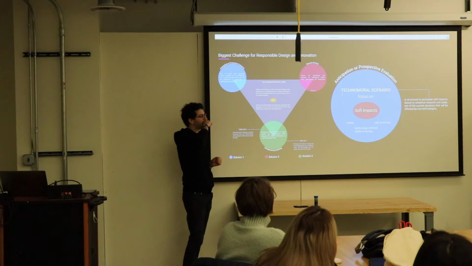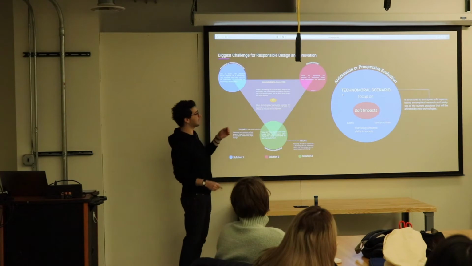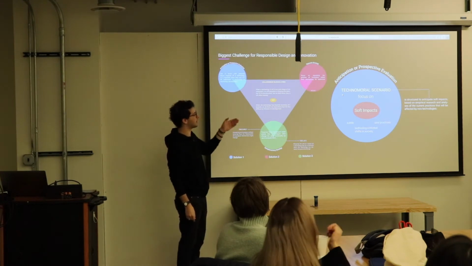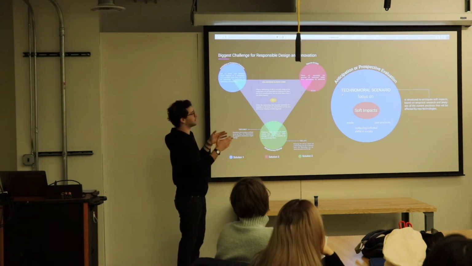When the phone was introduced, it changed the social acceptability of how we take private conversations in public. And the scenario, let's say the anticipation of effective evaluation, is the one that I decided to focus on for my system.